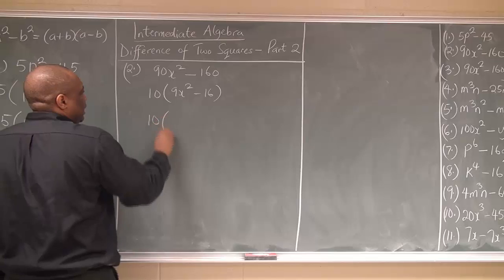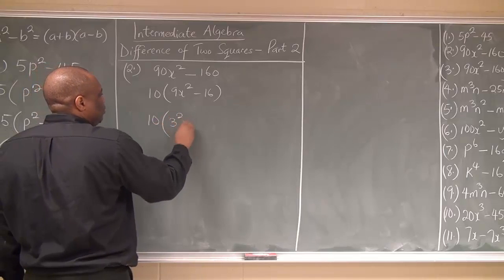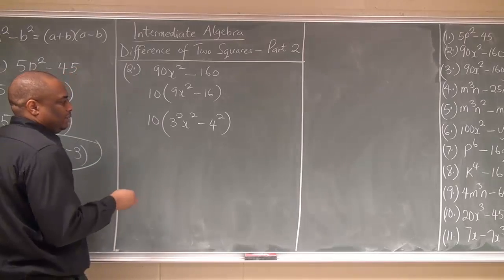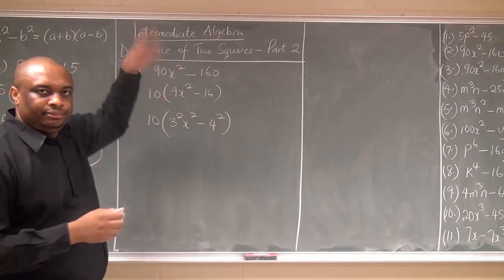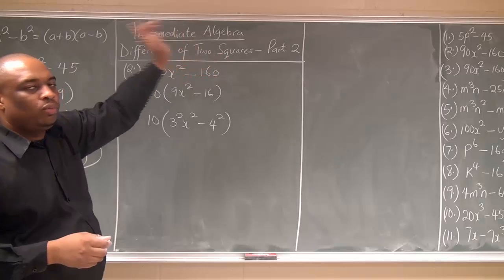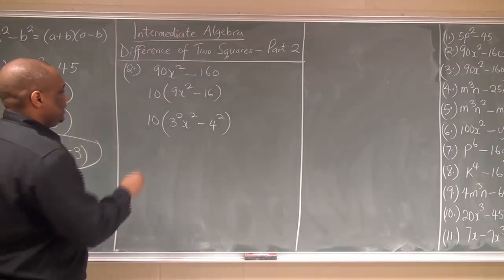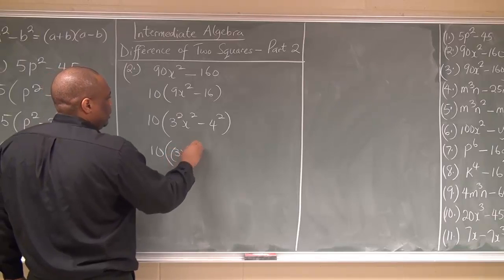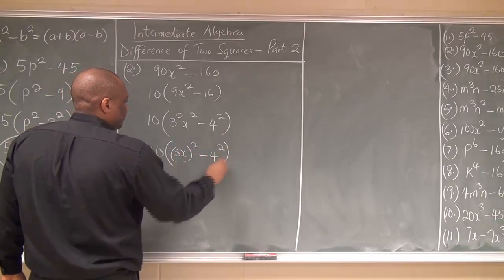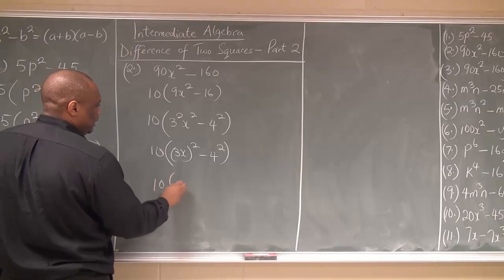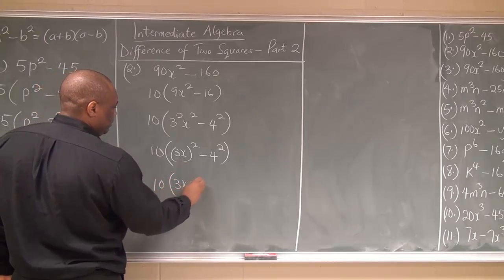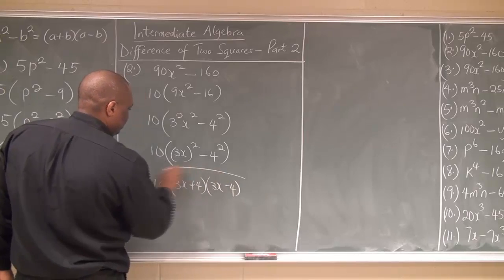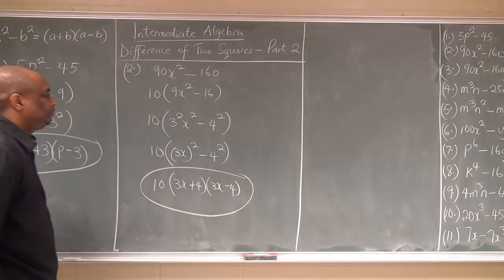That will give you 10 times 3 squared x squared minus 4 squared. We did this in the first video, part 1, so please view that. So this will be 3x all squared minus 4 squared, and that will give you 10 times 3x plus 4 times 3x minus 4. And this becomes your answer.